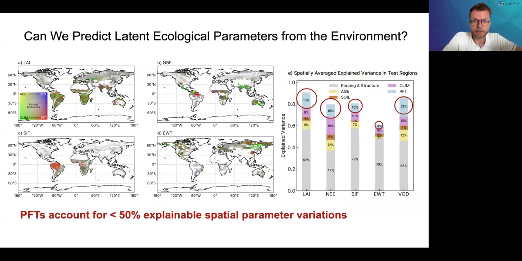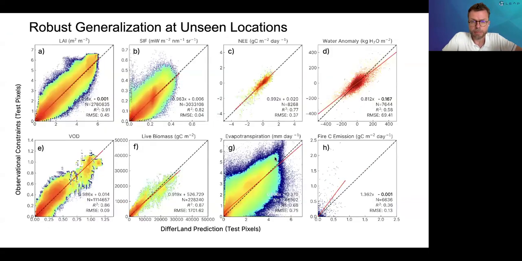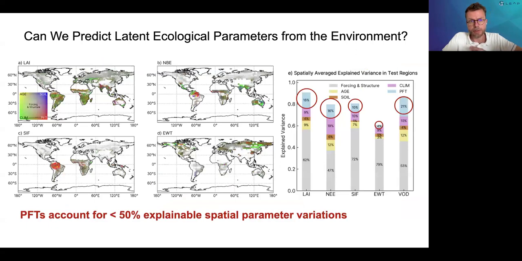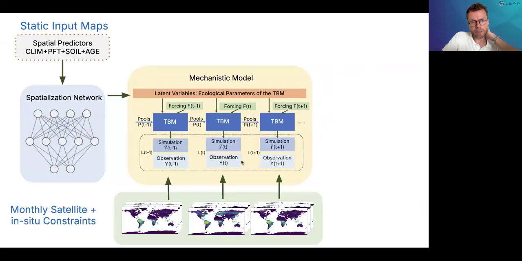Once we have that, so again, what we've done is we've trained the model globally. We can actually include the test set now. And we can look at the maps of the retrieved parameters, and we can say, so let me just go back quickly to the initial model. We can actually look into that spatialization network.